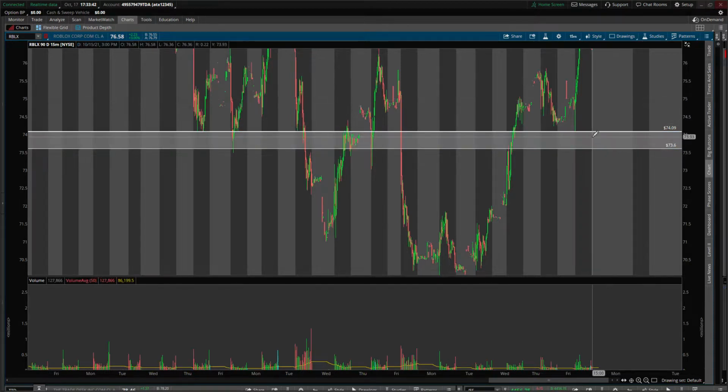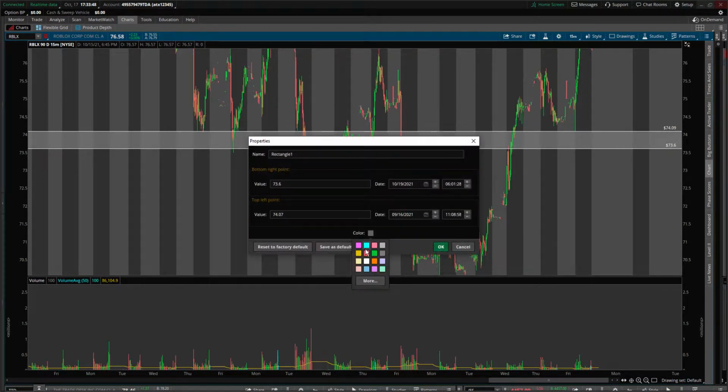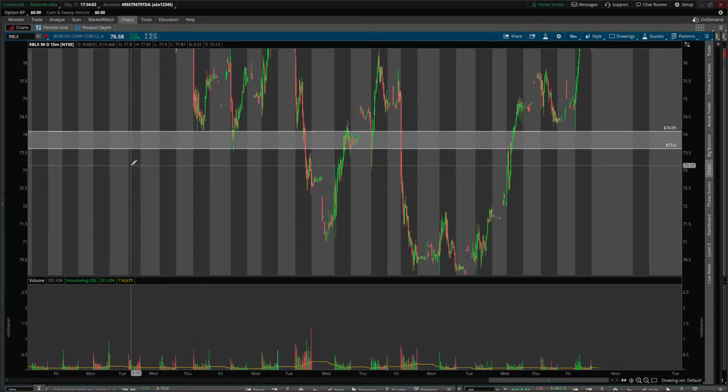But now the question is: is this zone a supply zone or a demand zone? Depending on which, I'm going to mark it as either red or green. At supply zones normally selling will occur and it'll be pushed back down, and at demand zones normally buying will occur. If you look at these zones that I find, you'll notice that honestly both happen.